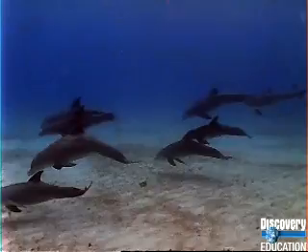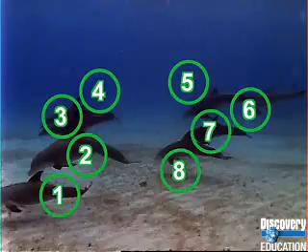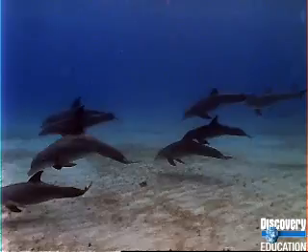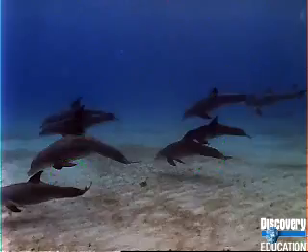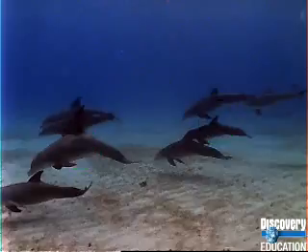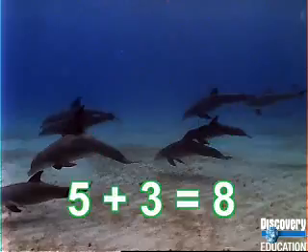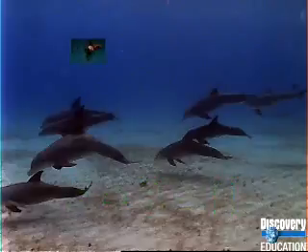You could count by 1s, 2s, or 4s. But if you counted by 5s, you wouldn't come out evenly. You would need another 2 dolphins to make 10.